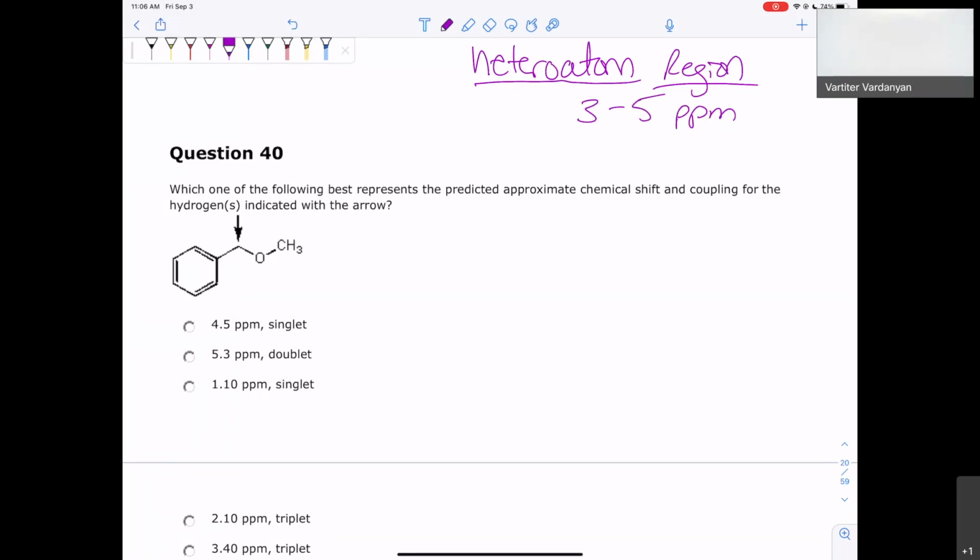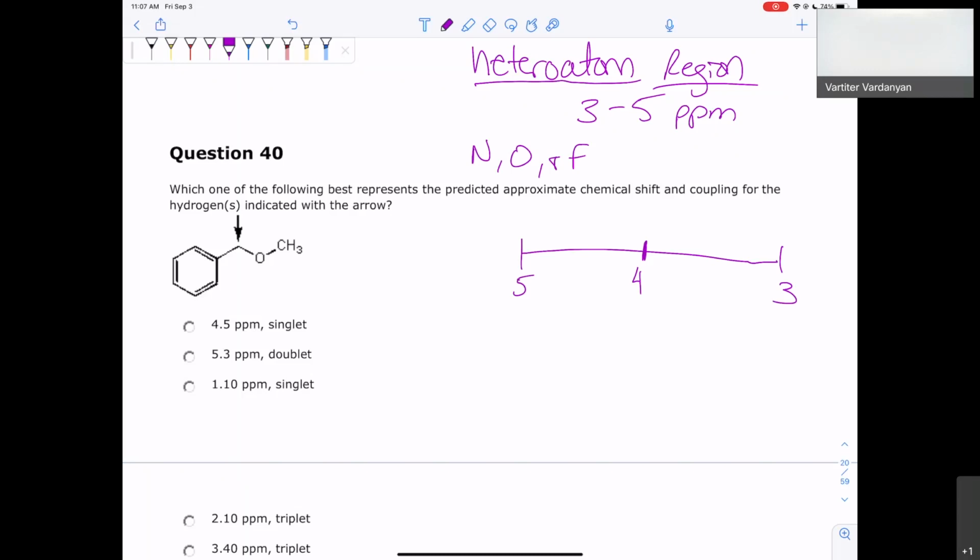Within that region, we can get more specific. Let's say this is 3, this is 5, and right here is 4. The heteroatom region for the purposes of this class is going to contain nitrogen, oxygen, and fluorine.